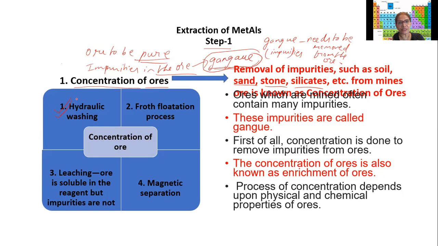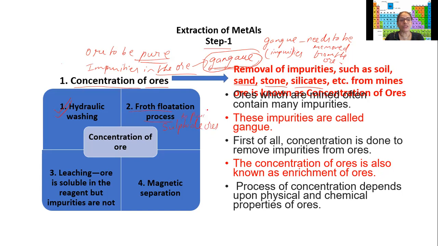All the impurities associated with the ore, the sand, limestone, silicates, all that, get washed away. The ore will not get washed away, because the ore is heavy. So it will remain, or it can be obtained in the pure form once all these impurities are washed away. Second is the froth flotation process. This is generally used to purify sulfide ores.